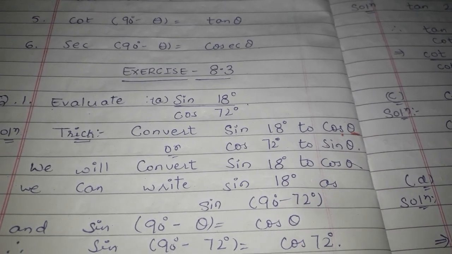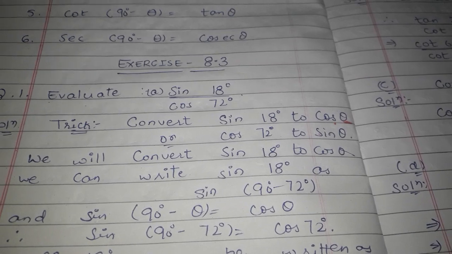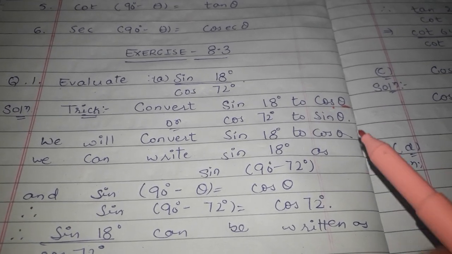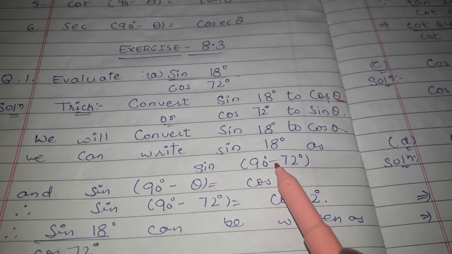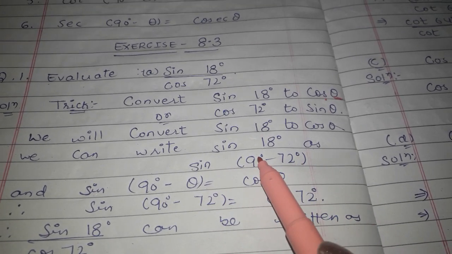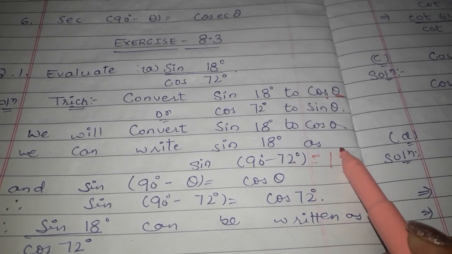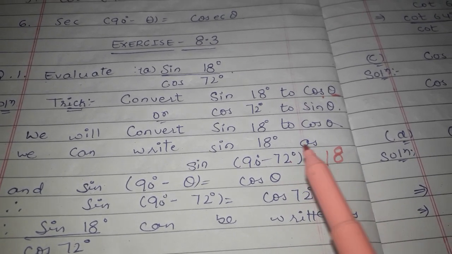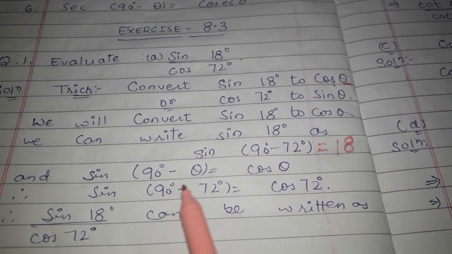Here I am converting sin 18 degrees to cos theta. Another form of writing sin 18 degrees is sin(90 degrees minus 72 degrees), because 90 minus 72 is equal to 18. So I can write here sin(90 degrees minus 72 degrees).